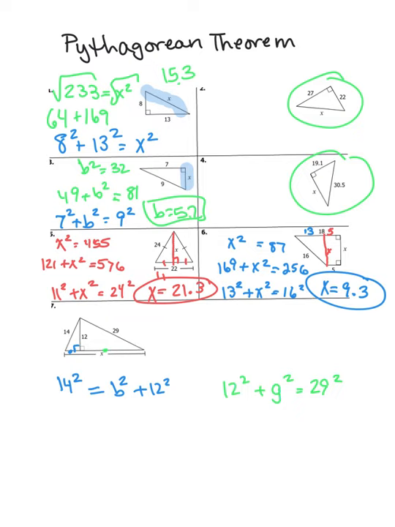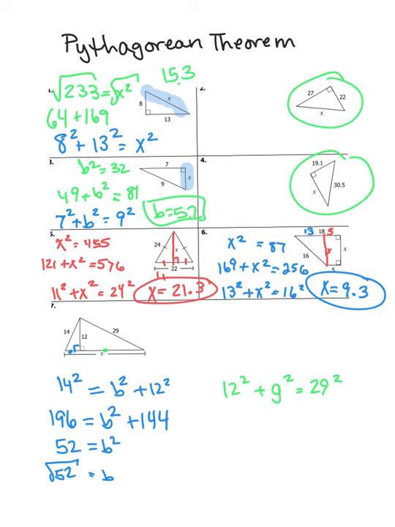So 14 squared is 196, which is equal to B squared plus 144. Subtract 144 from 196 and I get 52 is equal to B squared. So B is equal to the square root of 52. I'm not going to get a decimal just yet because I'm about to use it again. On these others, I was done with my problem, so it was okay to get a decimal. If I'm going to continue to use that number, I don't want to get a decimal just yet.